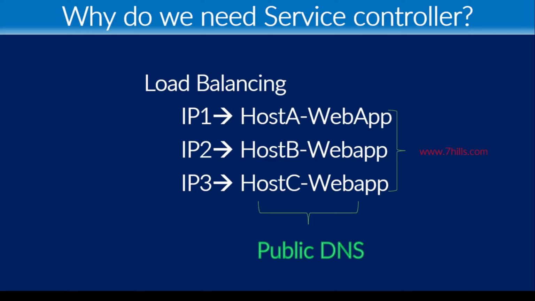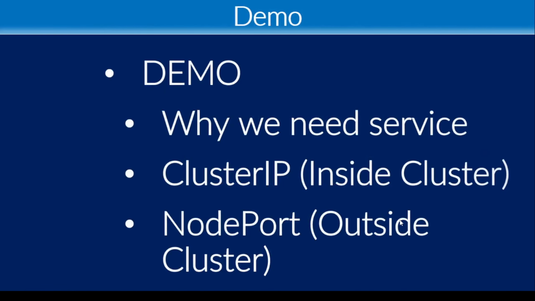Let us see how this load balancing is going to be performed in a Kubernetes cluster for the services. That's why I call it why we need a service. There is a concept called ClusterIP, which is the default type, which helps you access your application within your Kubernetes cluster.